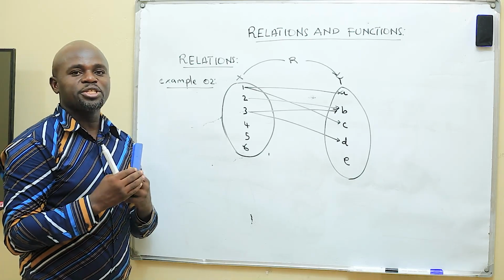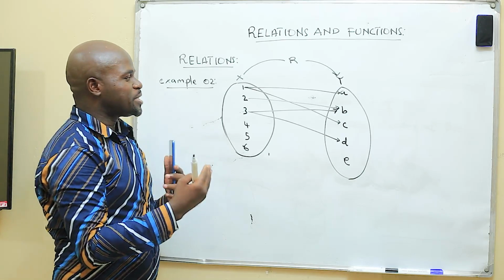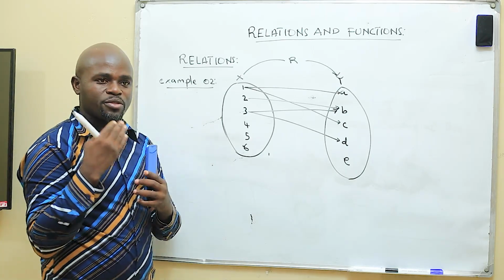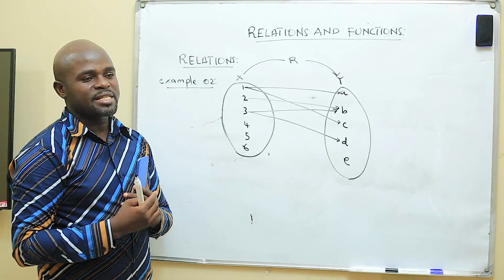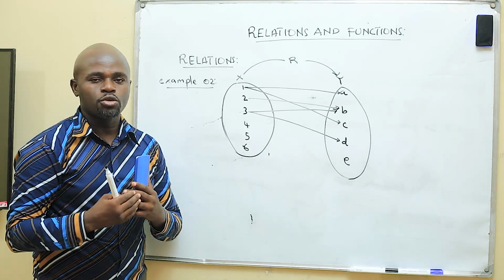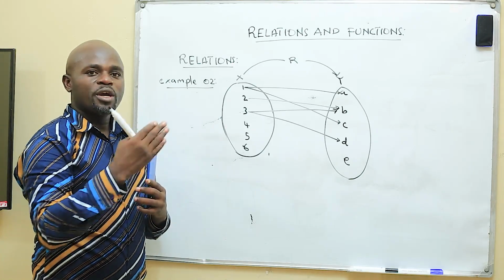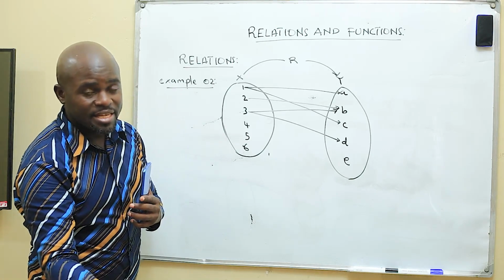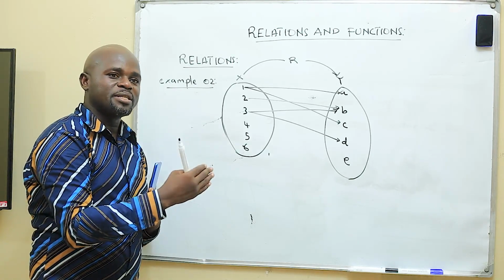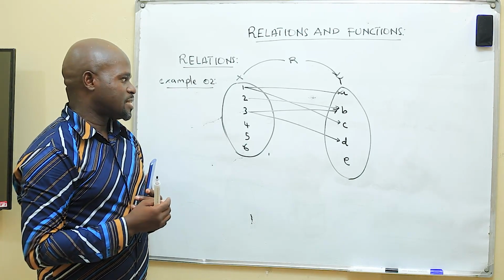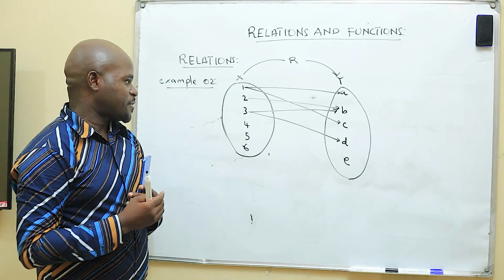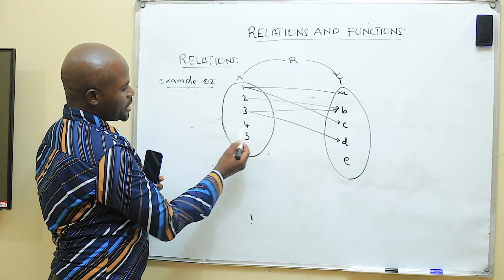As from the definition we said, one element of the first set can go with one or more elements of the second set, and vice versa is true. Vice versa is true means a single element of the second set can go with more than one element of the first set. So this is the relation. Then we have number 4.